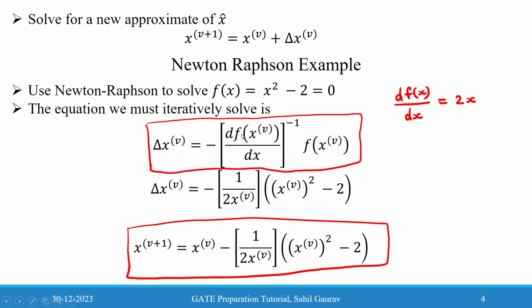We substitute the values, like df(x) by dx, which we get as 2x, and the function f(x), and we get delta x. Then we get the new iterative value of x by substituting this delta x in the above equation.